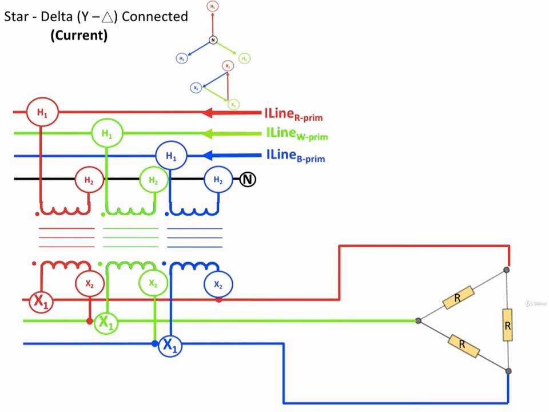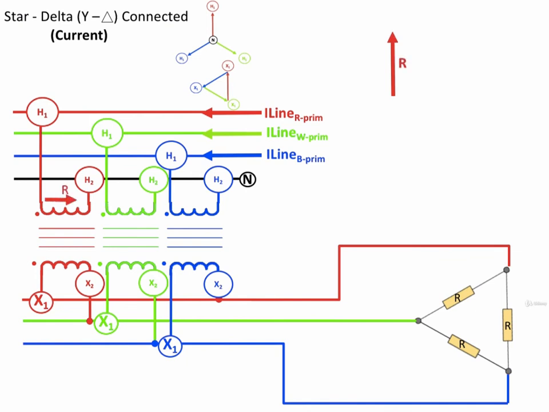This transformer is connected to a balanced system, and let's assume that it's connected to a bus, and it's going to have the red, white, and blue phase currents coming in from the primary side. It's a balanced system, so those currents coming in will be equal in magnitude and 120 degrees apart.